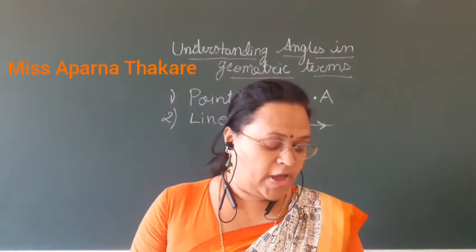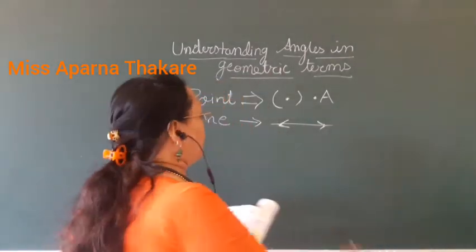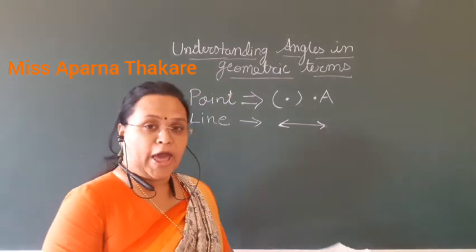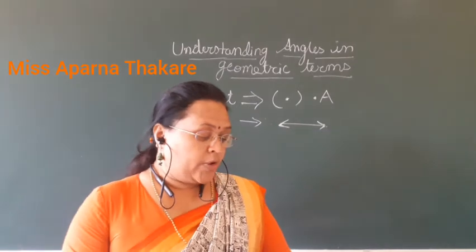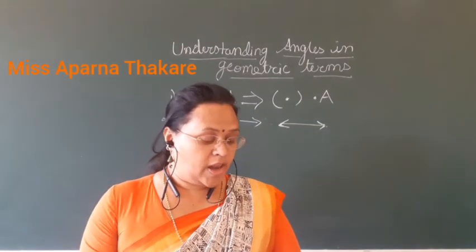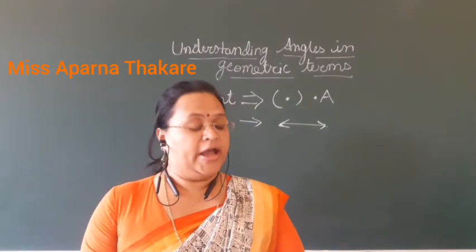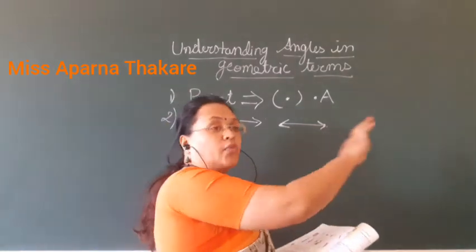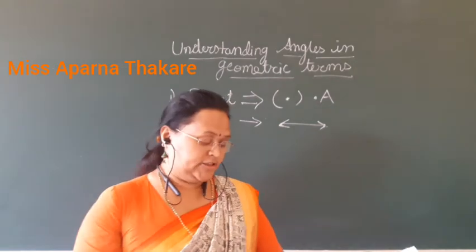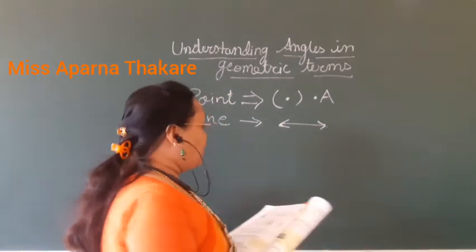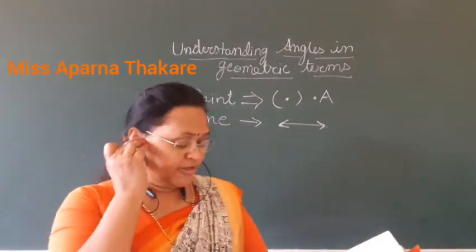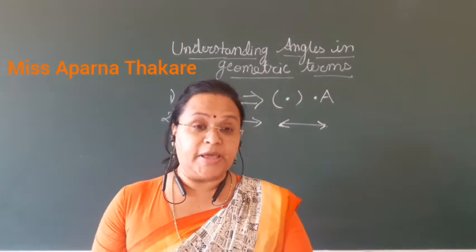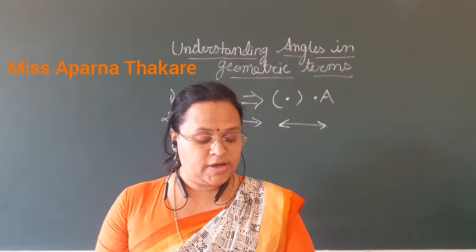The symbol of line is like this. On both sides we can give the arrow. This arrowhead shows that the line goes on and on. It means the arrow shows that we can extend on both sides. So we can give the points. Point A and point B are 2 points on the line.